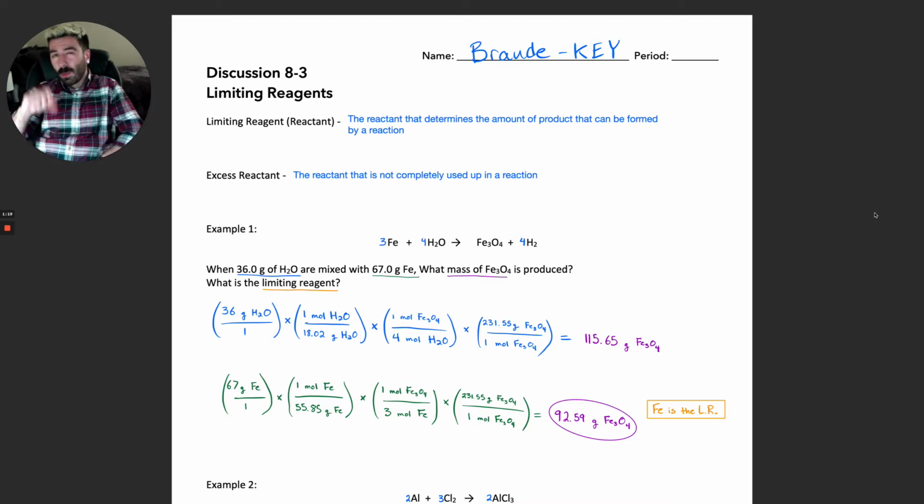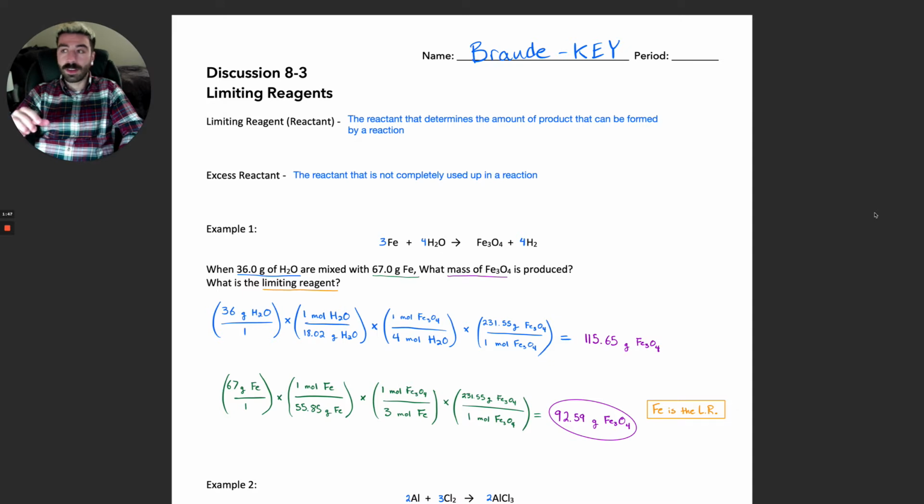In terms of chemistry, a limiting reactant is the reactant that determines the amount of product that can be formed by a reaction. So it's the ingredient, essentially, that determines the amount of product that could be produced ultimately by the reaction.